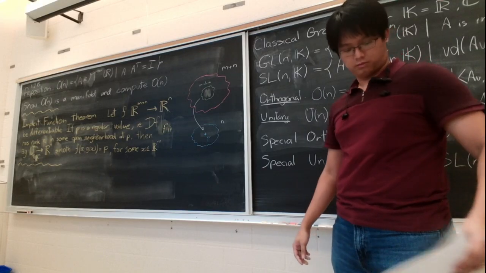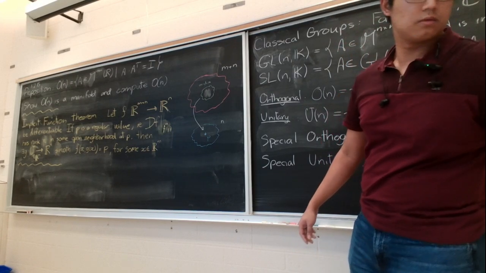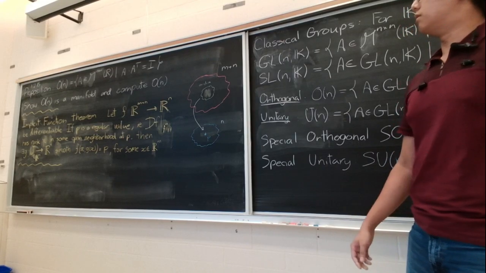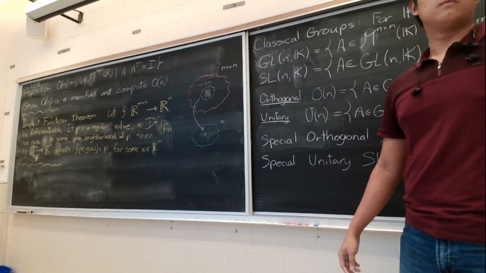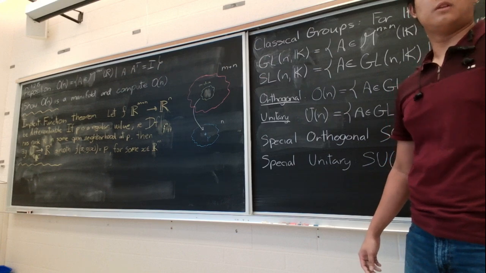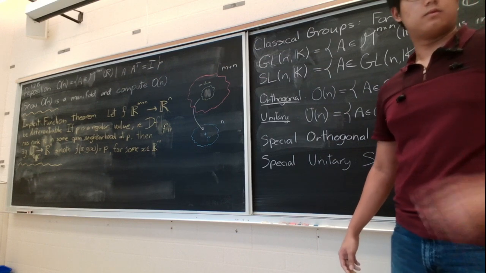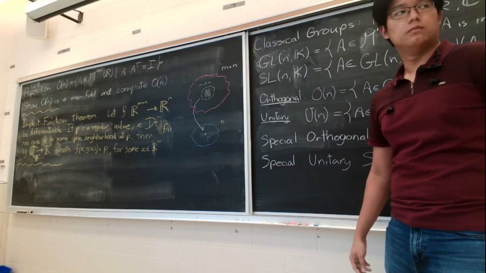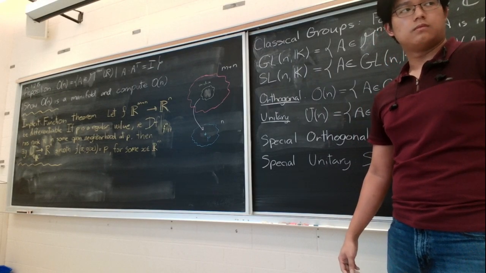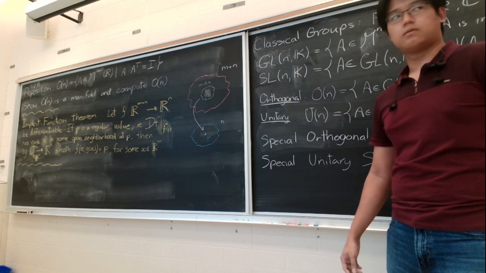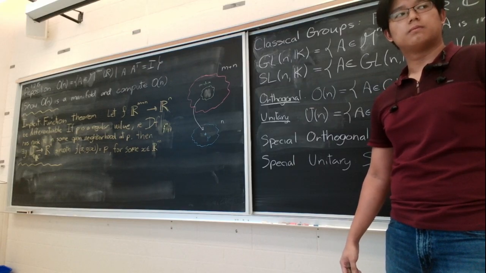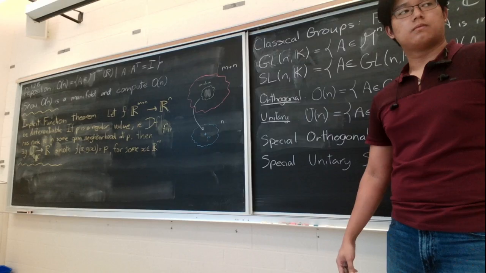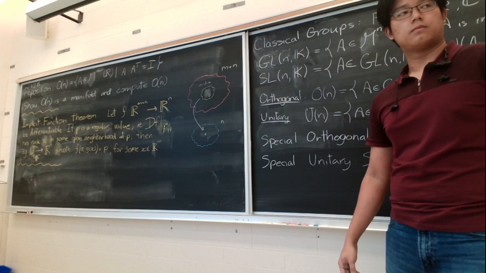So that's great. What do we want O(n) to be in this picture? We want O(n) to be the green. Yes. So I want to come up with a map that takes O(n) in some bigger space and sends it into P, such that it only sends O(n) into this point.